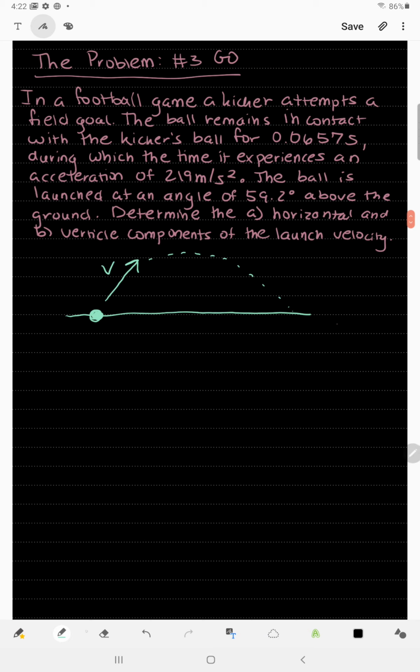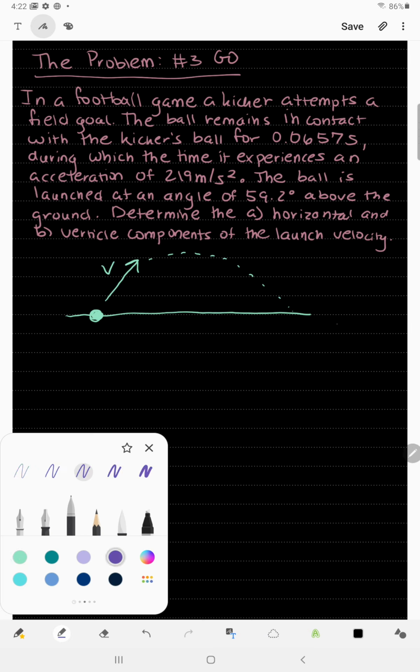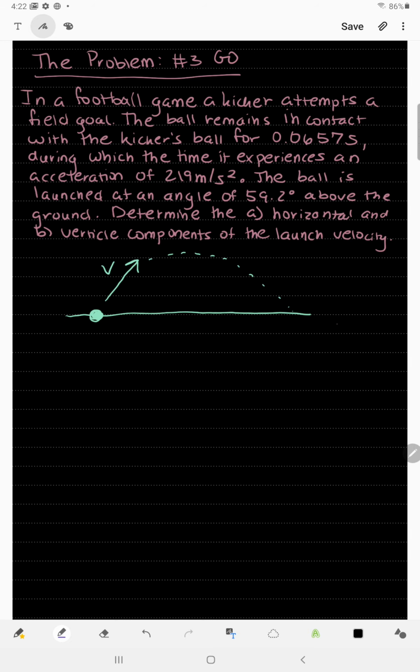All right, then let's put in some information that we are given. We know the ball is kicked above the ground at exactly a 59.2 degree angle, which fits our diagram right here. We know the ball was in contact with the foot for 0.65 seconds, which is time, and our acceleration was 219 meters per second squared.